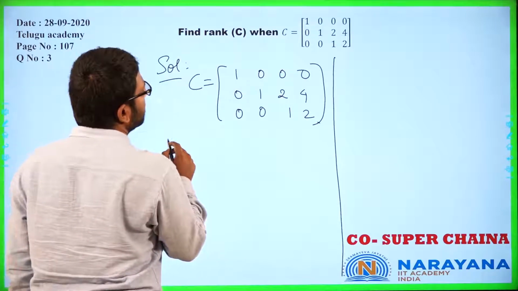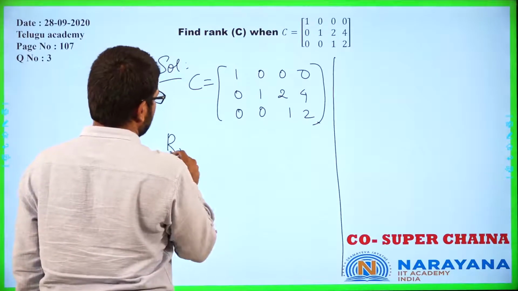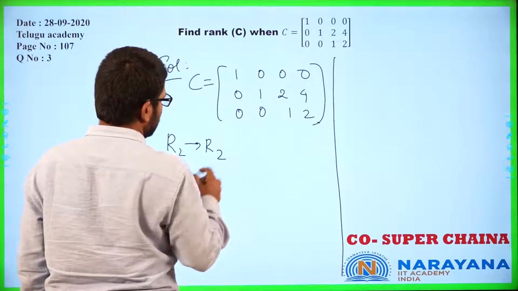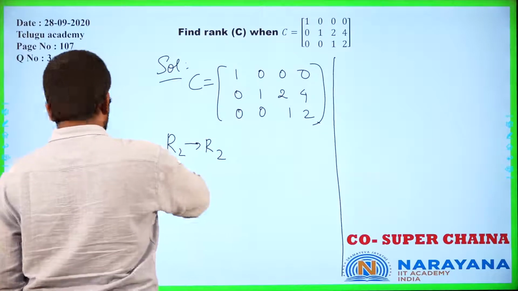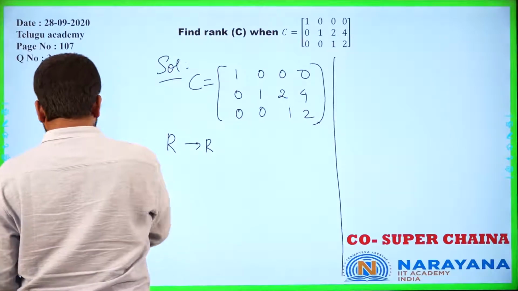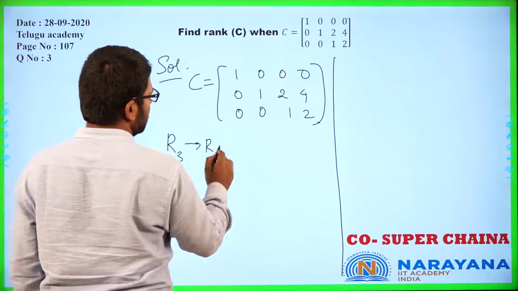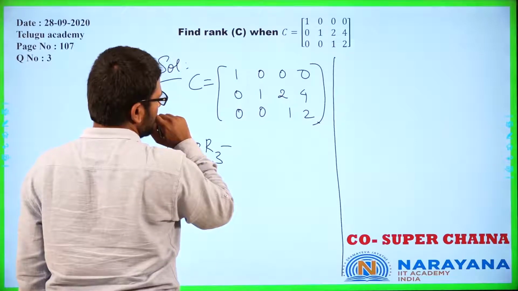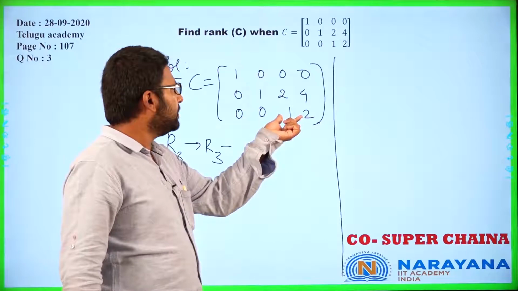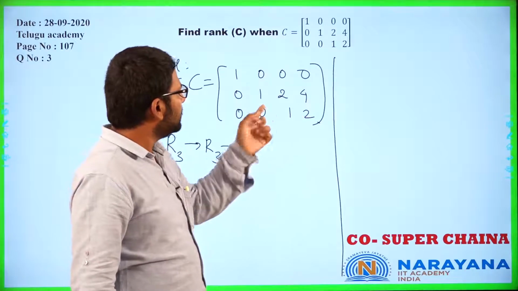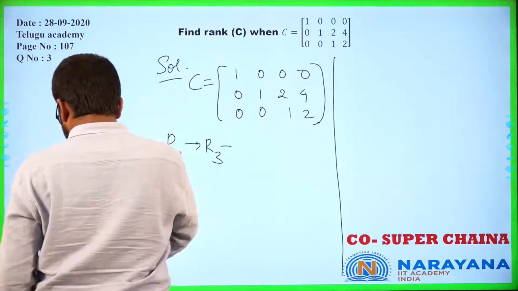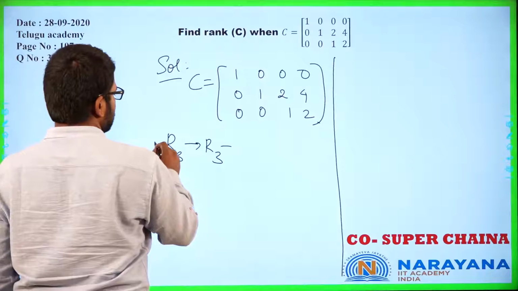We will say R3 goes to R3 minus... we can try and get 0 here, but the problem is you will get some other element here, right? So that kind of transformation is not helpful.